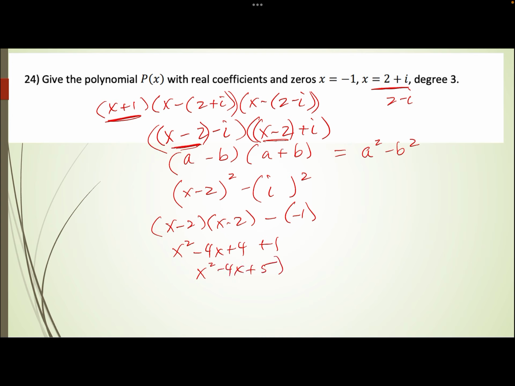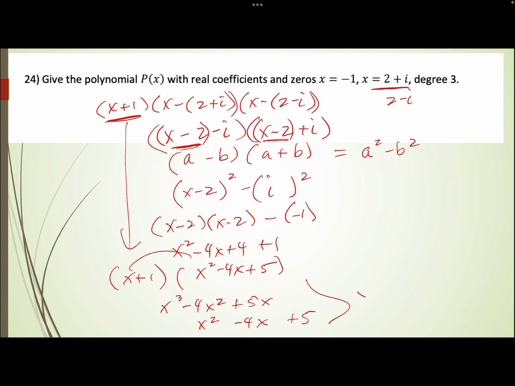And then bring down the x plus 1. Multiply it through just like we did before. I get x cubed minus 4x squared plus 5x. And then with the 1, I get x squared minus 4x plus 5. And I get the same answer. This gives me minus 3x. This gives me plus x. I get the same answer either way I do it, so it does not matter which way you decide to do it. Okay? And that's the end of page 9.